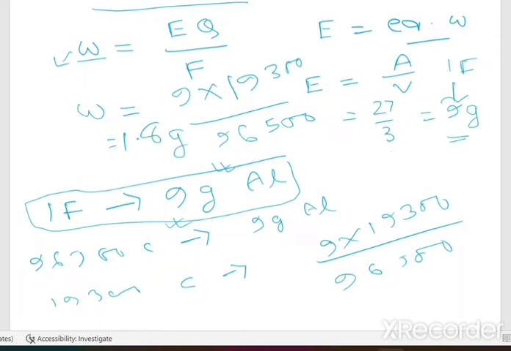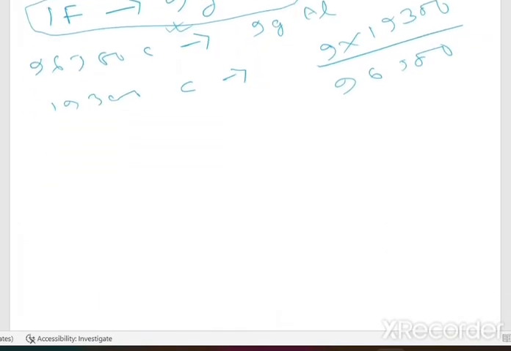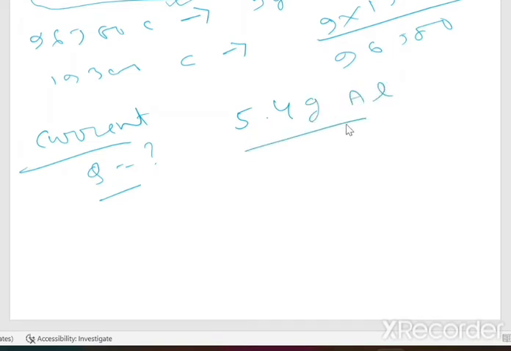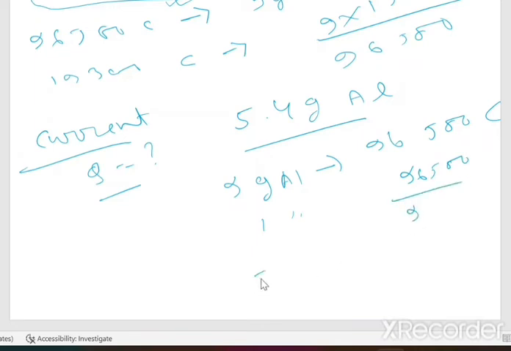Again, in some cases the question will be like this: calculate the amount of current. We need to find the amount of current, that is Q, when suppose 5.4 gram aluminium is formed. Know that for 9 gram aluminium we need 96500 coulomb. For 1 gram aluminium we need 96500 divided by 9.